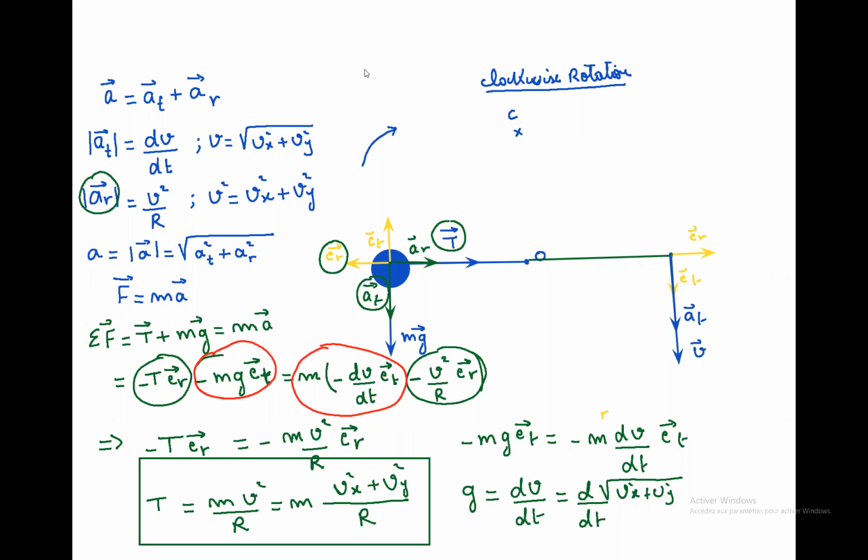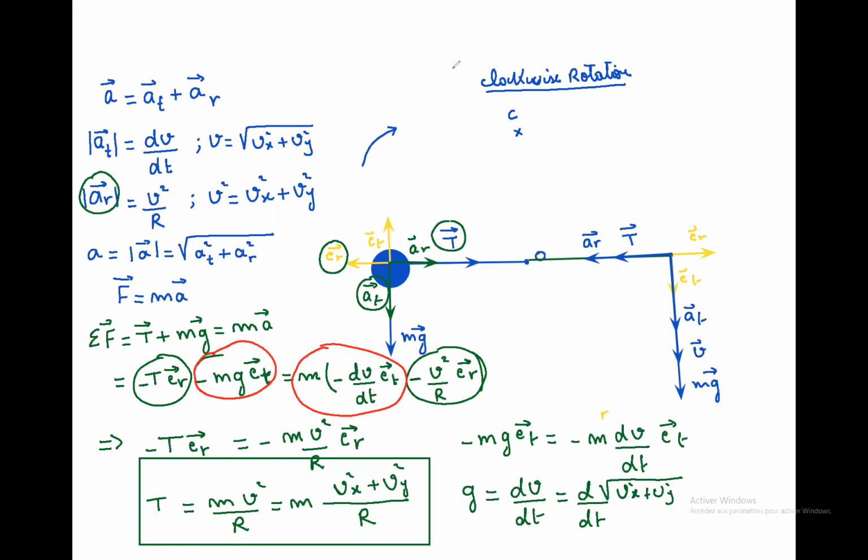Okay, and let's draw here. Okay, we can write here ar and T. So here we have ar, here we have T, the tension, and also we have the weight of the object in this direction, we have mg.